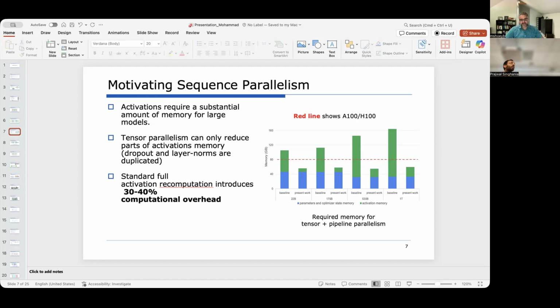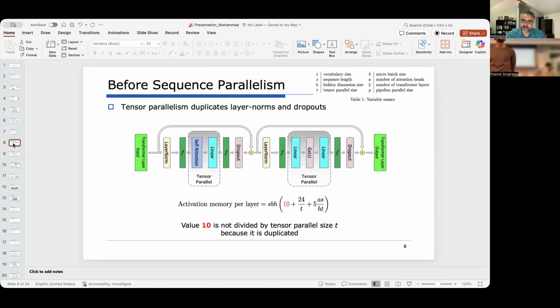So basically here, as the model size increases, as we also increase the tensor parallel size, the activations grow really rapidly. And for an A100 or H100 that has about 80 gigabytes, you see that quickly you run out of memory. No matter how much tensor parallelism you use, activation memory stays constant, and this becomes an issue. So what was our proposed solution here?